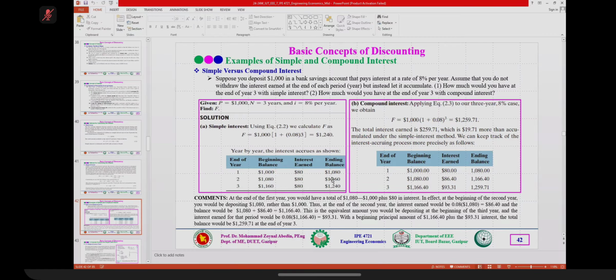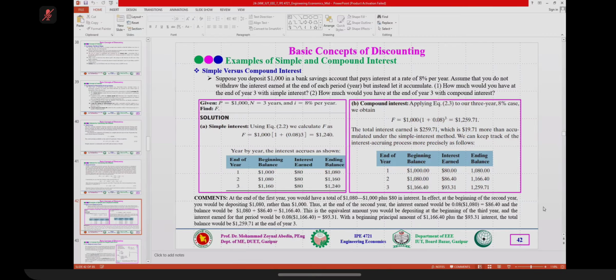This ending balance will come as the beginning balance in the third year, and the 80 is the iP, where i is 0.08 and P is 1,000. So now we get the total future value after 3 years as 1,240. This is the same value, 1,240. In one step you get the value, and if you do it year by year, this same value will come.